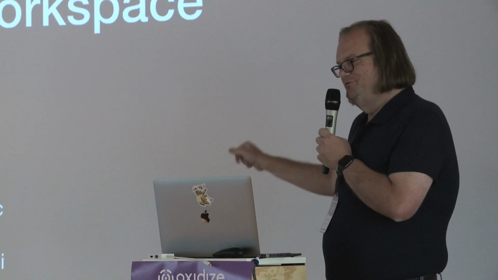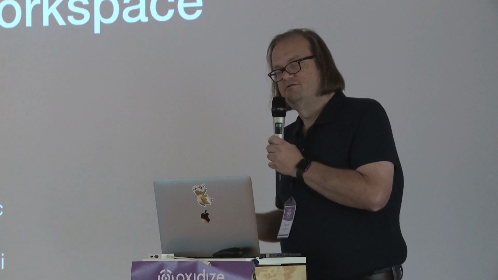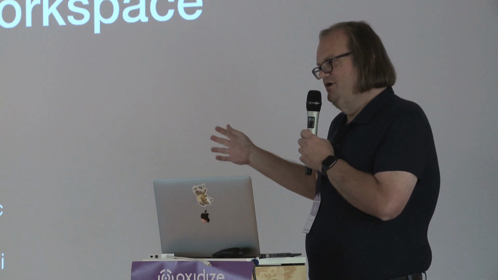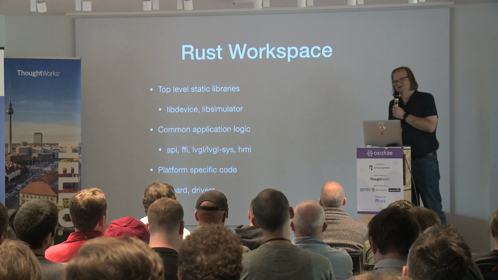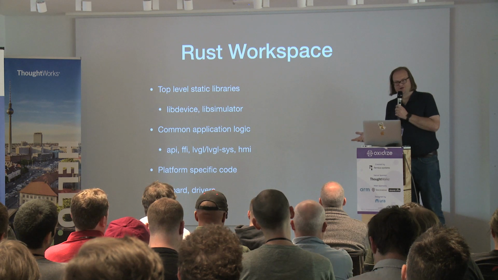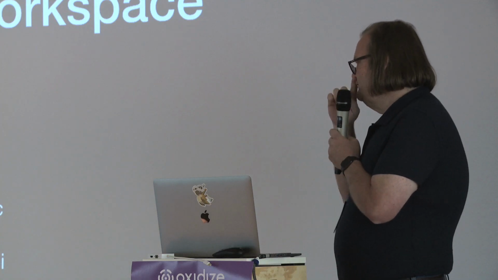First, libdevice and libsimulator. These are top-level crates that don't actually have any code of their own. What they do is bring together the other common code into one place, where it builds a static library that can then be linked into the respective application.